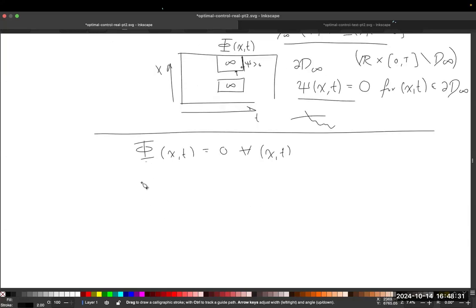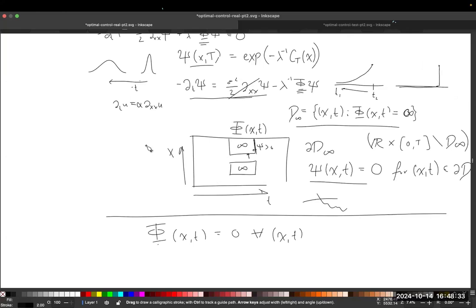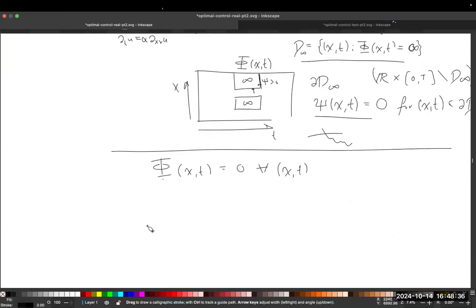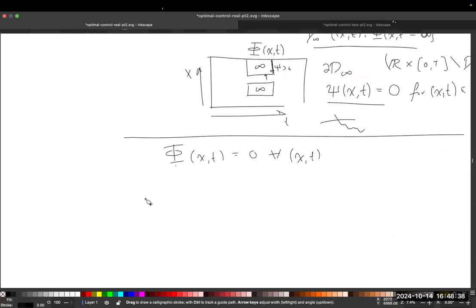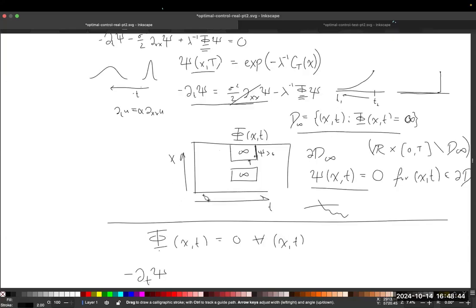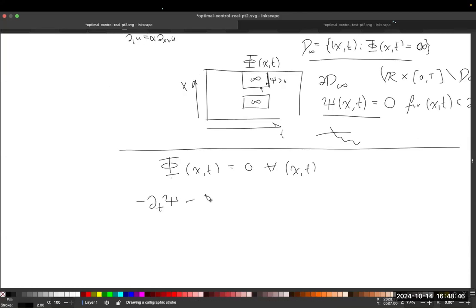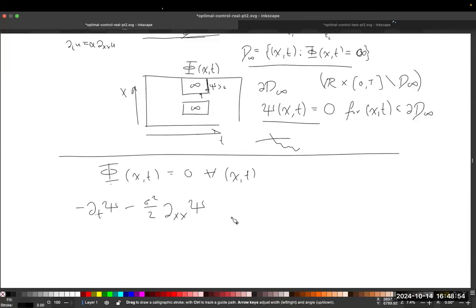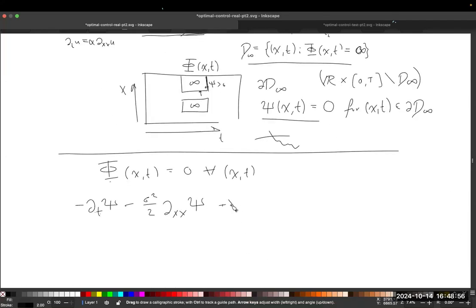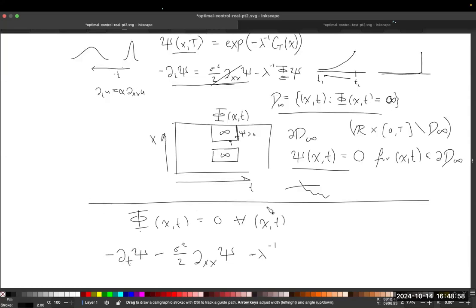So our Cole-Hopf PDE we can write as partial_t psi minus sigma squared over 2 partial_xx psi plus 1.